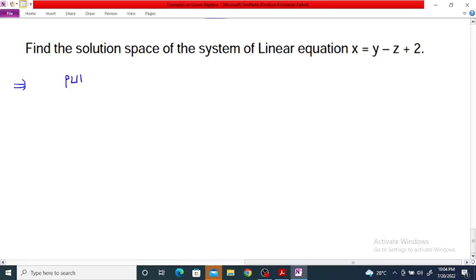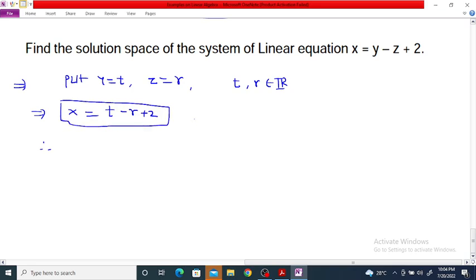So put y equal to t, since y is a free variable, and z equal to r, where t and r are real numbers, and therefore we get x equal to t plus r minus 2. So the solution is x equal to t minus r plus 2, y equal to t, and z equal to r. This is the solution space of the system of linear equation.